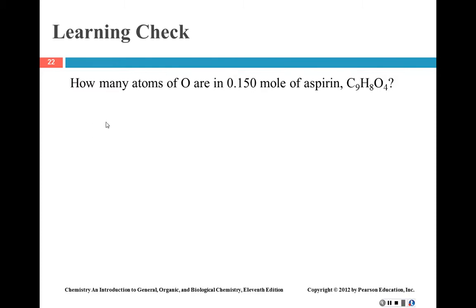Okay, so what we are given is 0.150 mole of aspirin, C9H8O4, and that's what I start with. I know that what's going to come next is going to have moles of C9H8O4 on the bottom. How do I know that? Well, because I have to cancel that as I'm going, right? So what is the molar relationship between oxygen and aspirin?